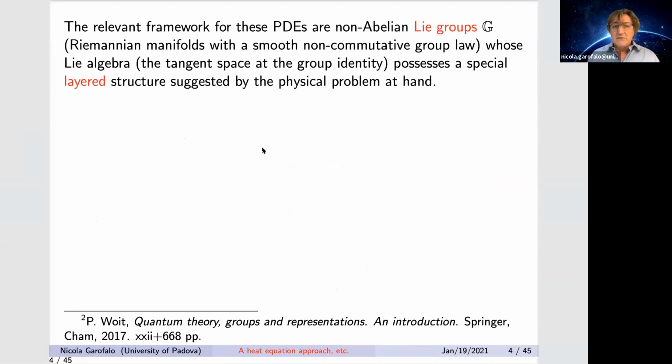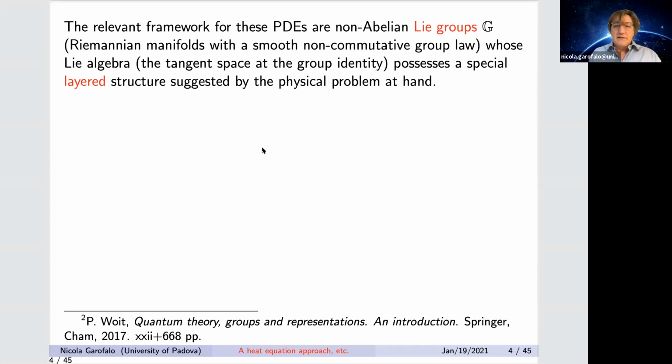So the relevant framework for these PDEs are non-abelian Lie groups. I do not get worried, I will not get into this subject at any depth. But these are Riemannian manifolds with a smooth non-commutative group law. So instead of having translations, you have non-commutative translations.